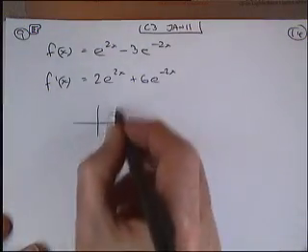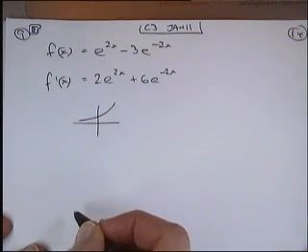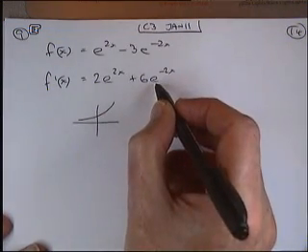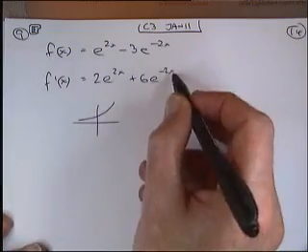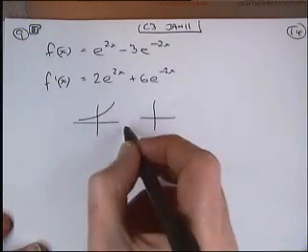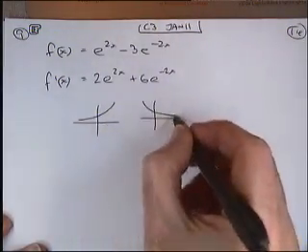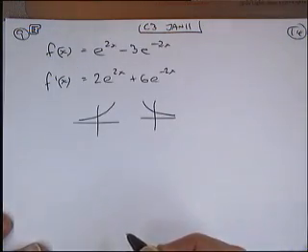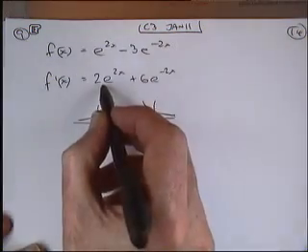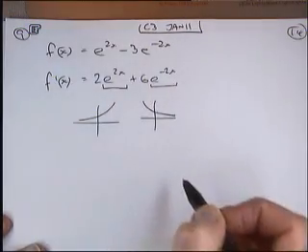Well, the graph of e to the x looks like that. The graph of e to the minus x is 1 over this one, which looks like that. But both of them are positive. So that is positive and that is positive.